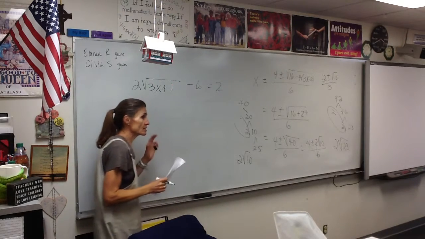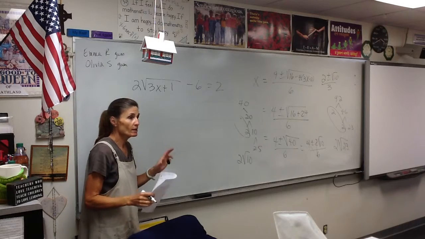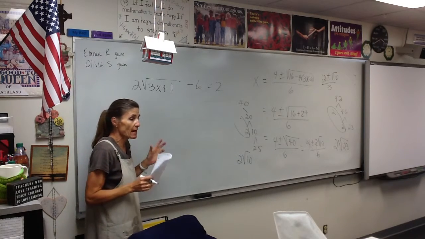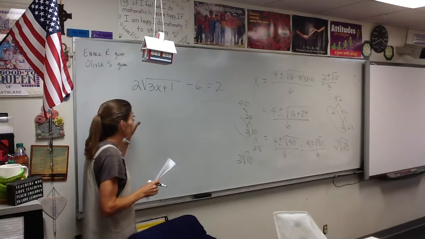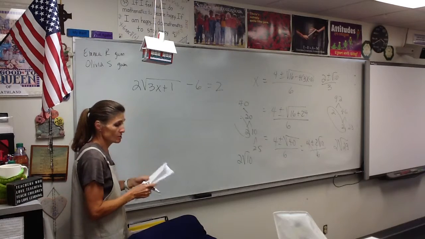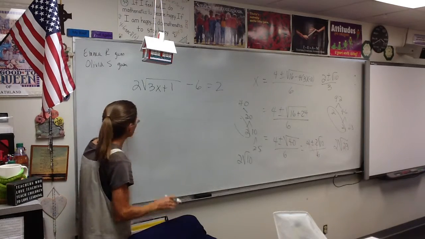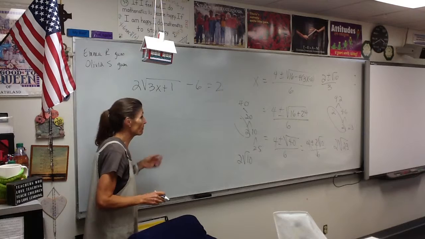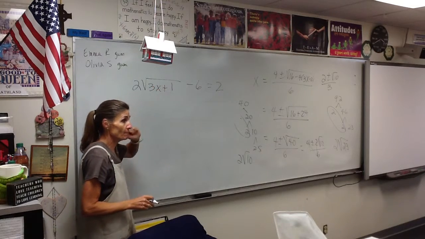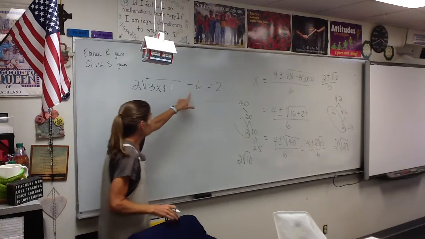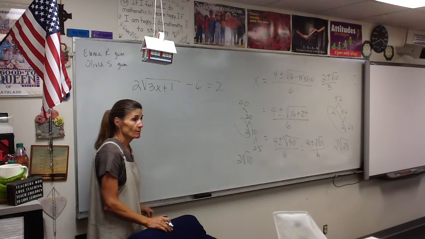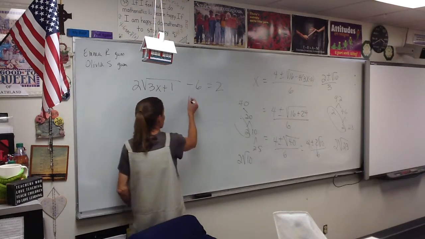Now I want you to just think about solving a regular equation. Do not get all freaked out about the radical. If you had a regular equation to solve, wouldn't you want to get rid of some of these extra numbers so that you can have just that? What would you do with that 6? You would add it to the other side.